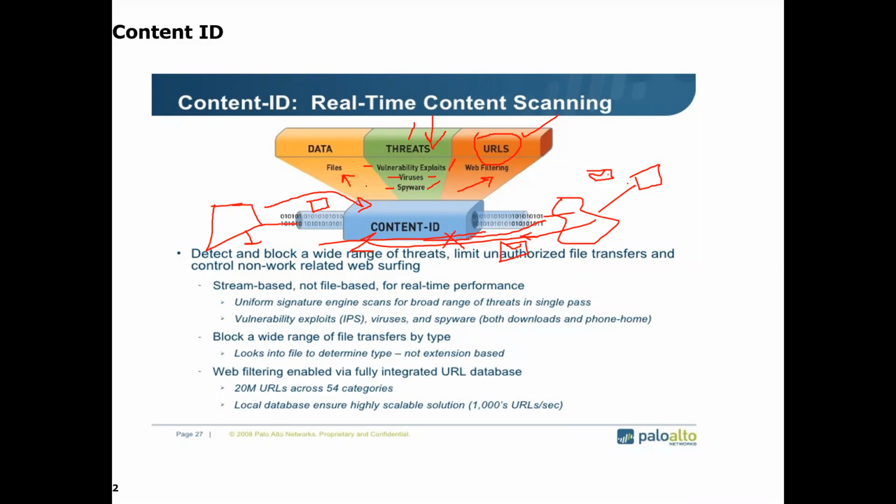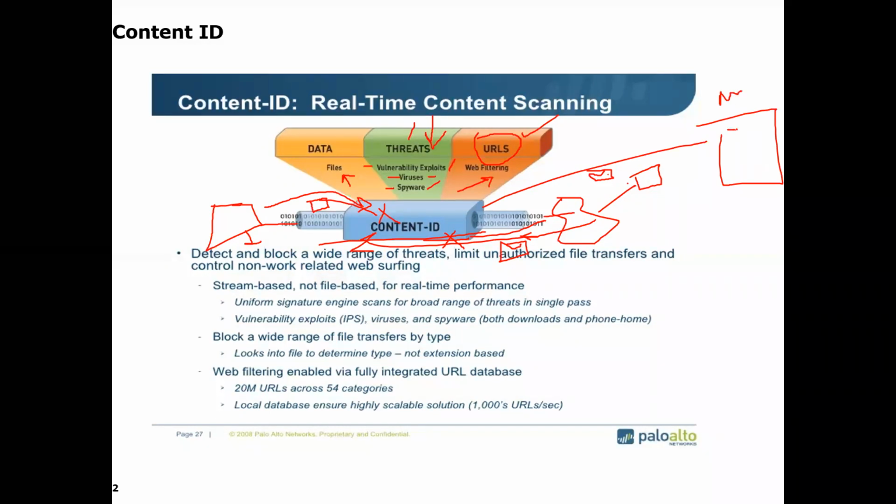So we create data rules here, and when it identifies he's trying to send a PDF file, it will block it. And you will get logs in the monitoring tab that this particular user tried to send this data and it got blocked. So now you have perfect evidence, and the security team will reach out to this guy and ask why he tried to send this particular file, and he has to answer.